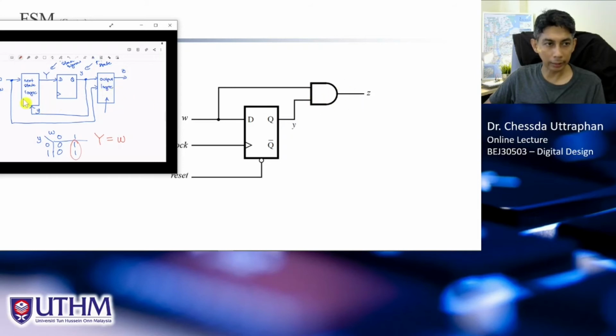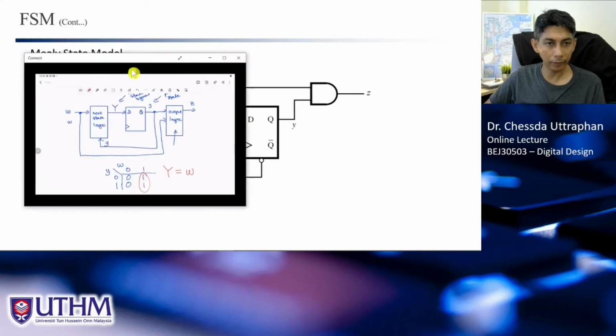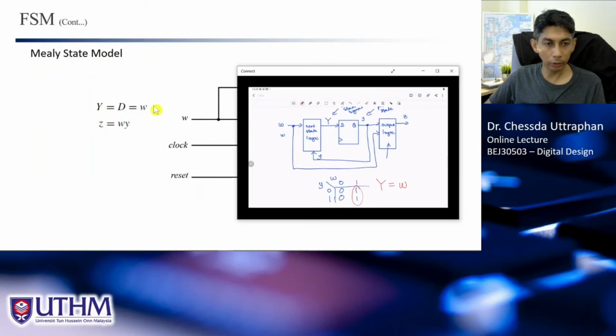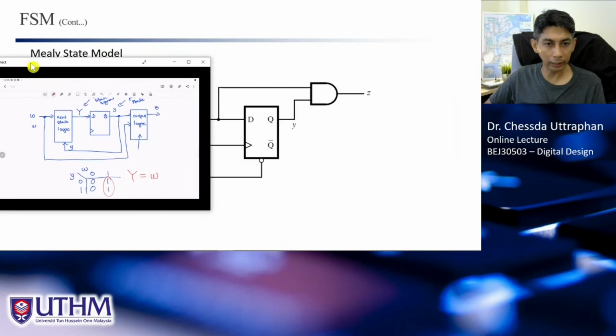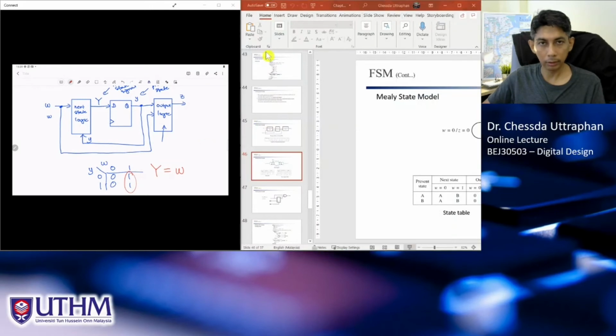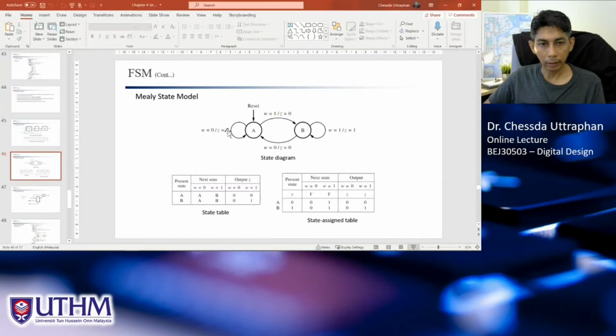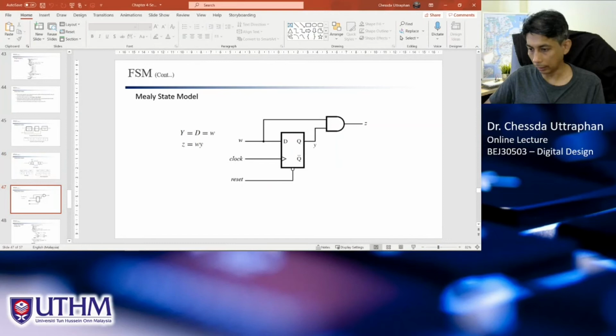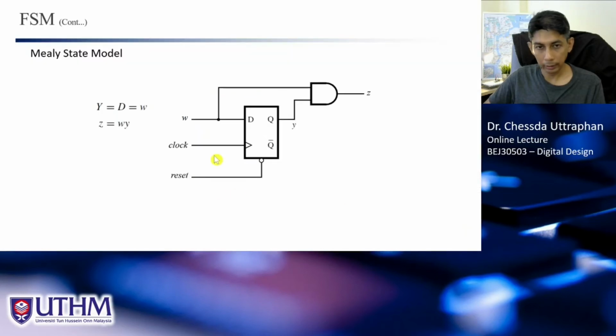And what about this one? Because we have Y equal to W, it is actually a wire only. Because capital Y here is equal to W, so there is no logic gate. So you just connect directly to this, and you get the answer.